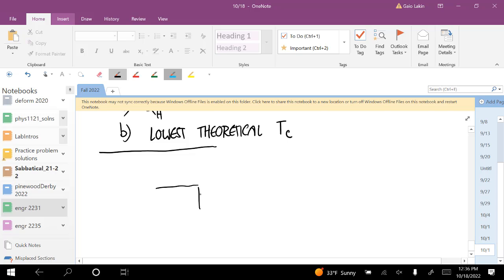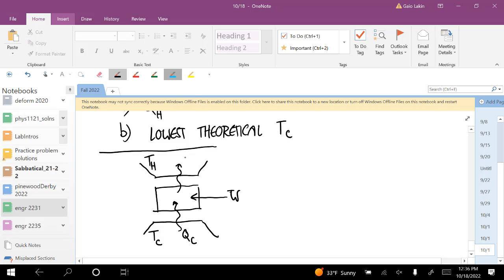A refrigeration cycle looks like this. You have work coming in, and that work is being used to move heat QC from the low temperature reservoir and move heat to the high temperature reservoir, an amount QH.